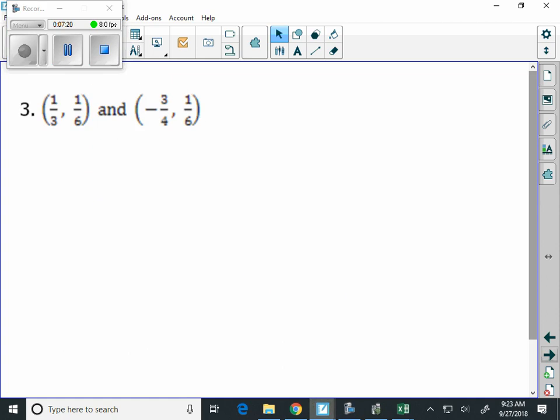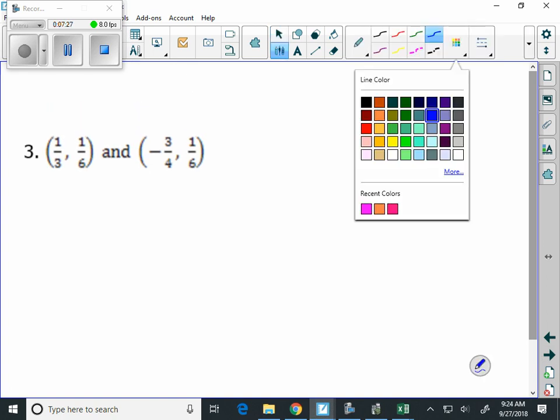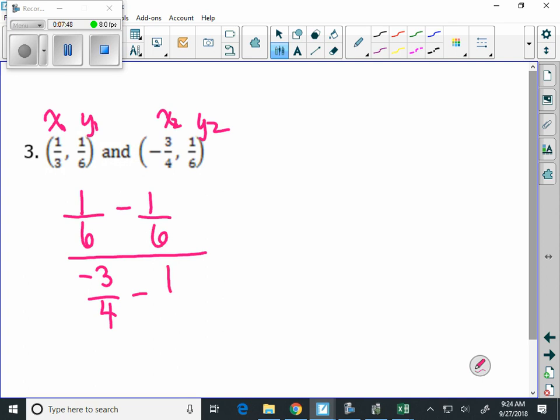Example 3. Fractions in here, but it's not as bad as it may seem. When we look at this particular problem here, it's still going to start with label x1, y1, x2, and y2. And we fill in the formula. y2 minus y1 divided by x2 minus x1. That equals our slope, but I want to put my answer right there, so I'll do this.